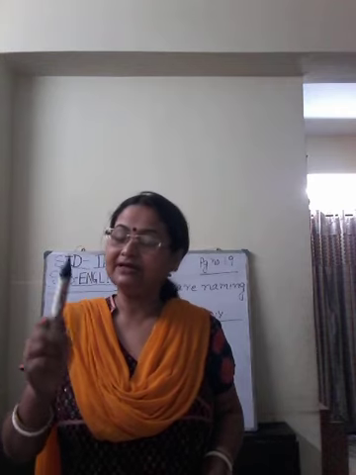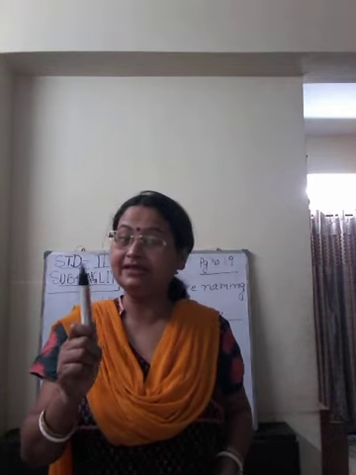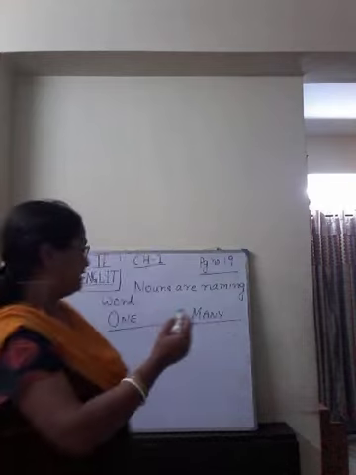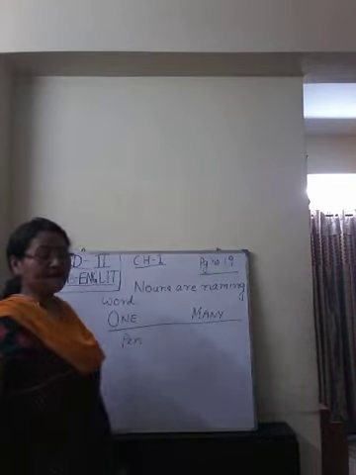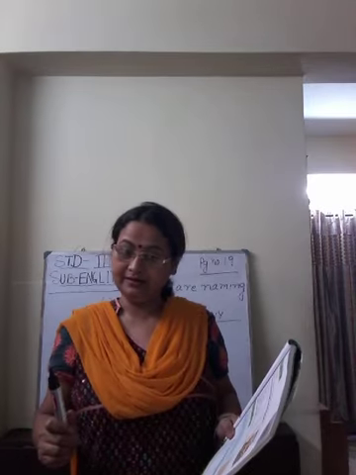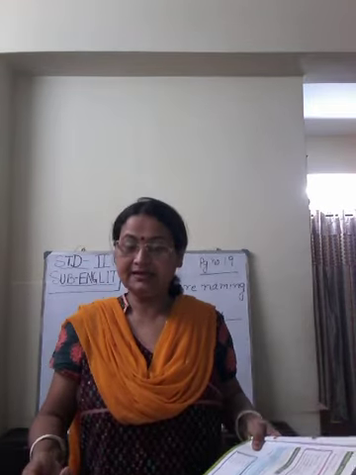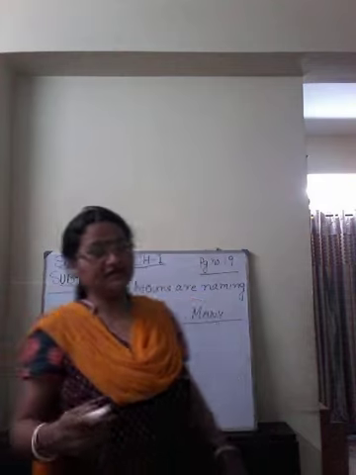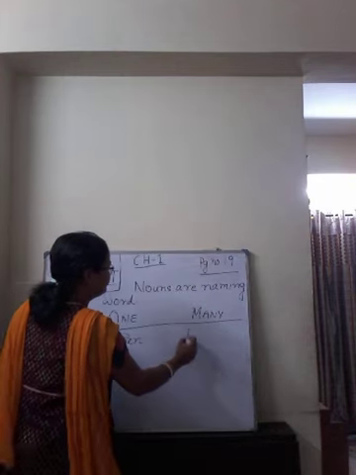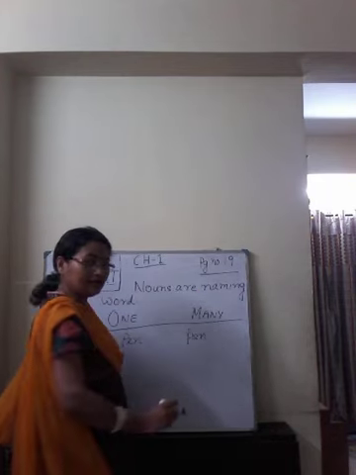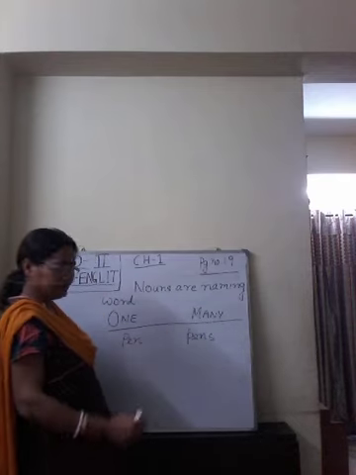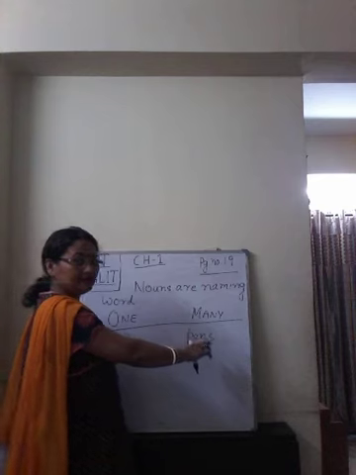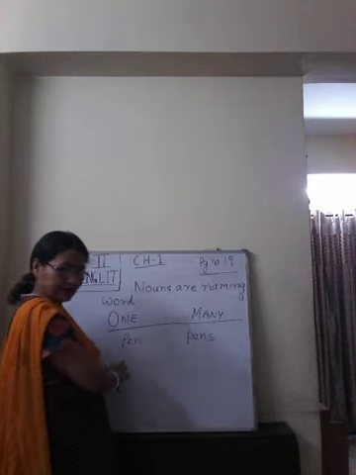If it is one in number, I will write pen. If I have more than one, meaning many, more than one pen, what do I write? Pens. So what is the rule? I will add S here. Then it becomes many from one.